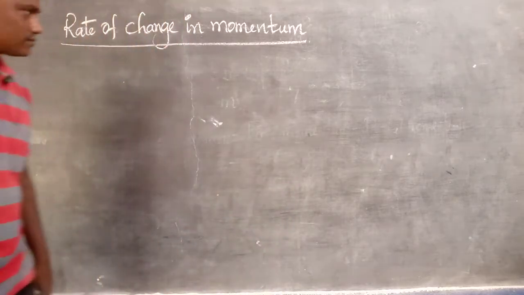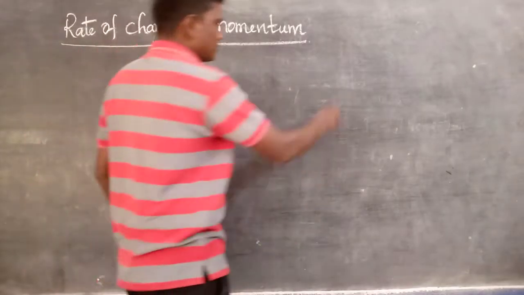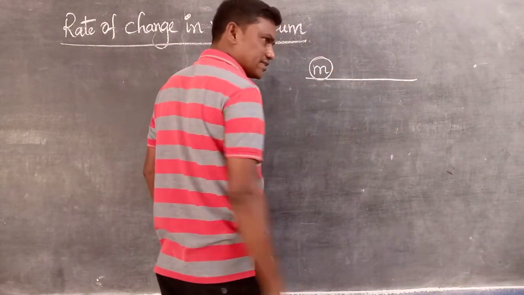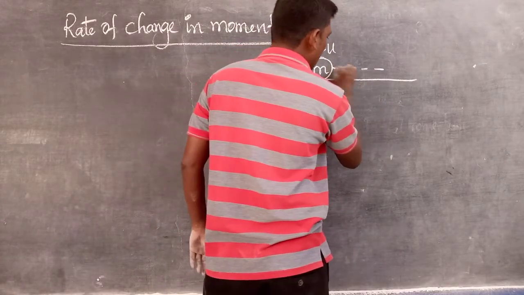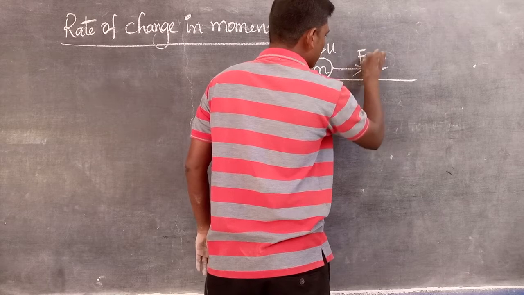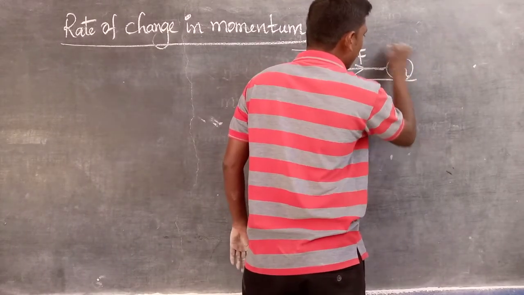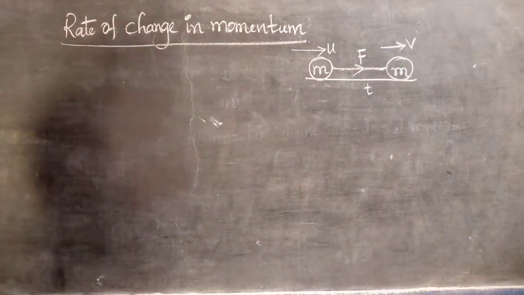Next one is rate of change in momentum. Same concept. A body of mass m moves with initial velocity u. Now if force is applied on the body for time t, then the body's velocity changes and it moves with velocity v.